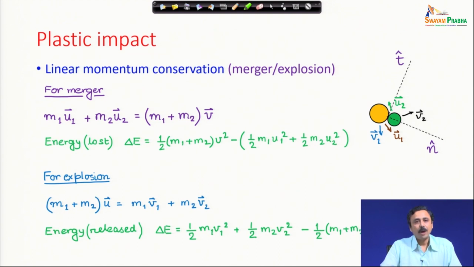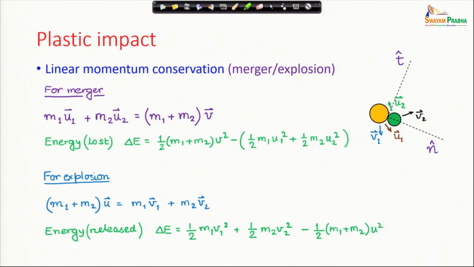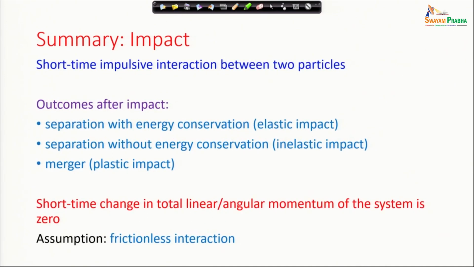And why does explosion take place? Somewhere energy has to be released. So, it could be chemical energy or something. From this information, you can find the final kinetic energy and the initial kinetic energy, and from this you can find out the amount of energy that was released during collision.